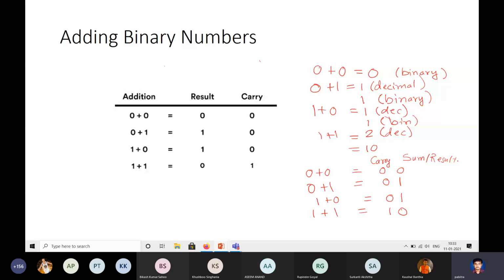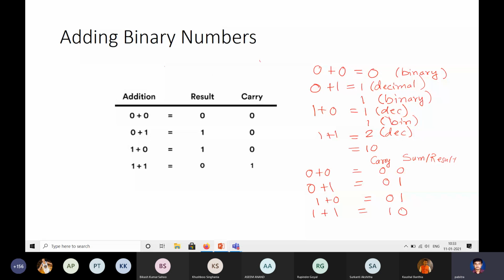Naturally you cannot just store the result in a single digit, because 1 plus 1 cannot be stored using a single digit. So I represent it by two digits: the most significant digit of the result I call carry, and the less significant digit of the result I call sum or result. This I have written down here.